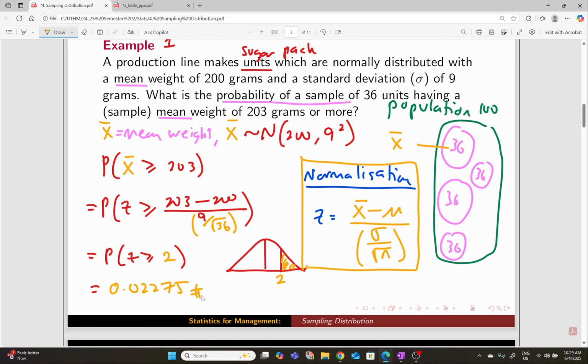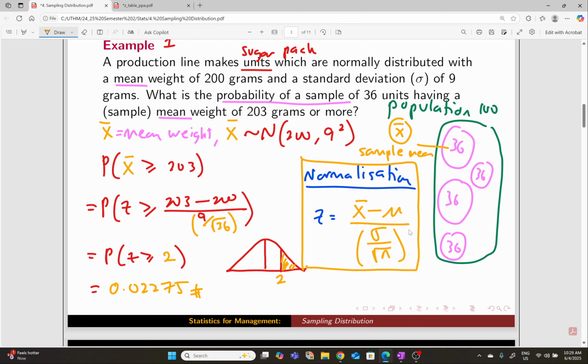So that is the difference between the previous question and today's chapter. In today's chapter we consider the mean, the sample mean. We call this the sample mean.